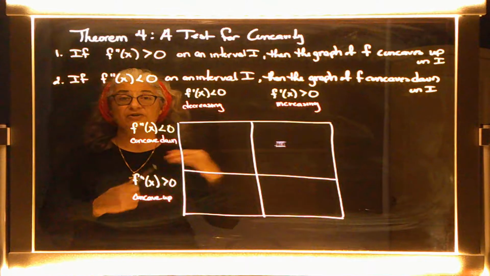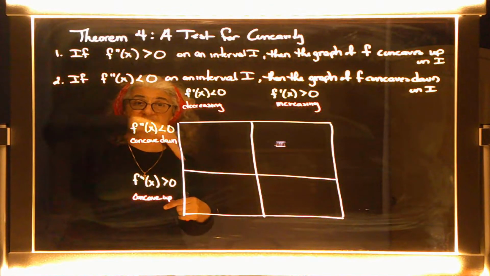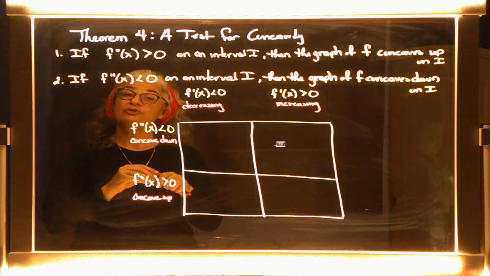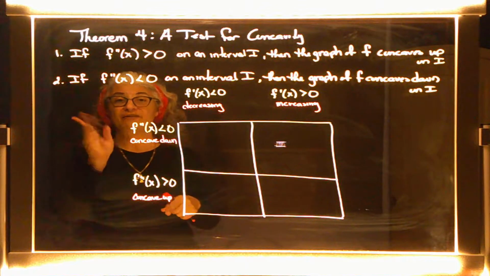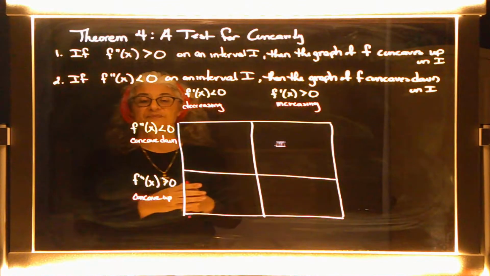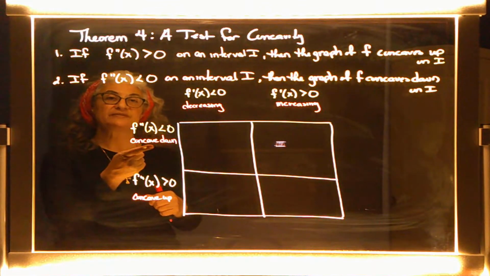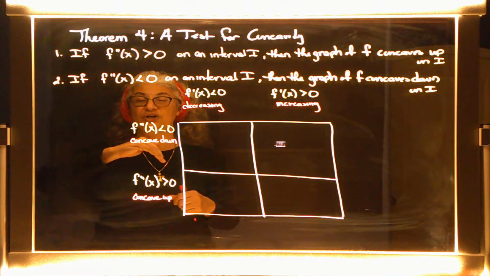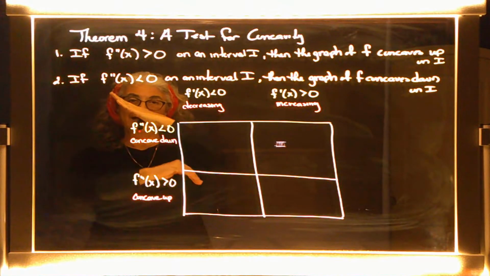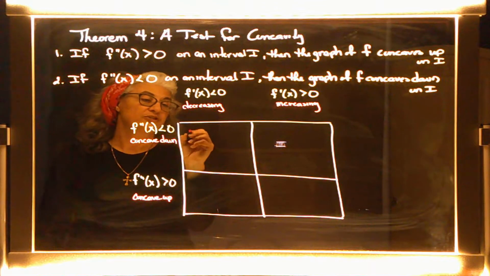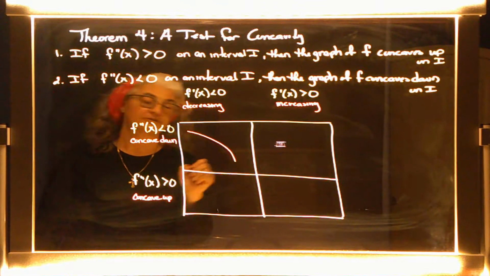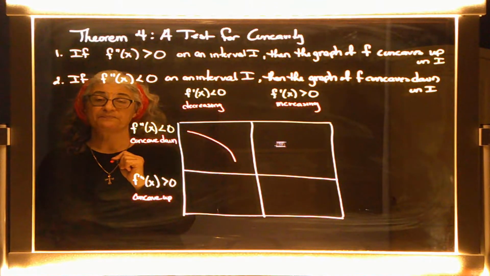So let's look at the first derivative when it's decreasing. So it's going down, right? Decreasing means it's doing this, isn't it? So if the first derivative tells you your graph is decreasing, and your second derivative says it's concaving down, it's decreasing and concaving down, which means it's doing this. With me?